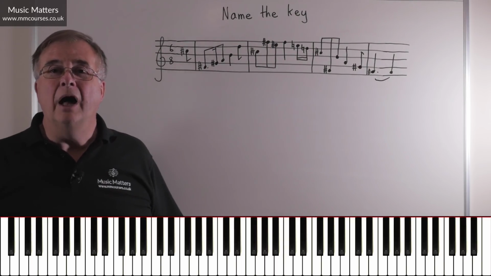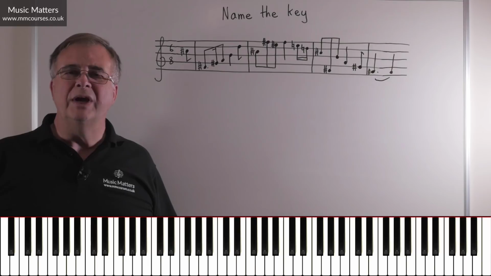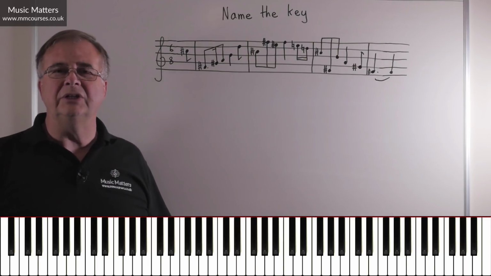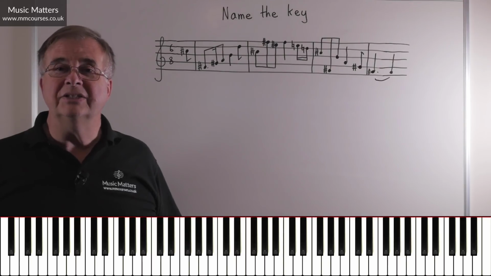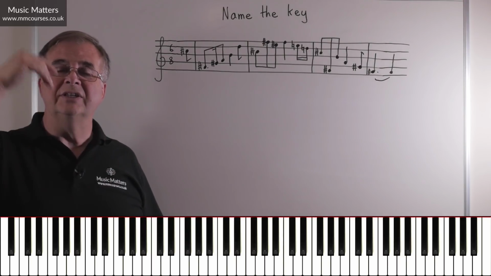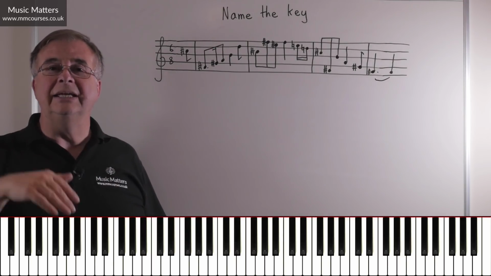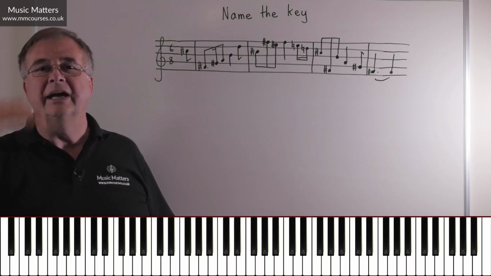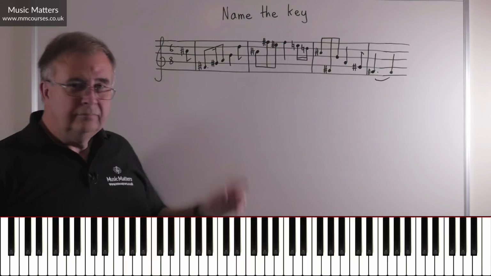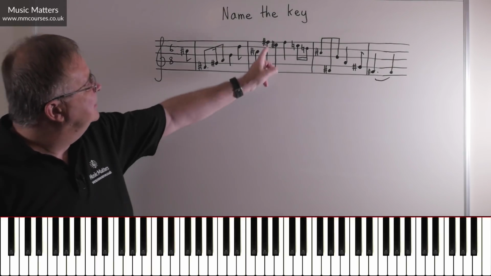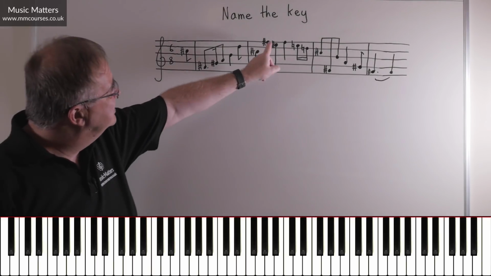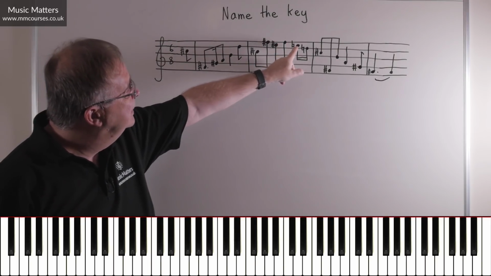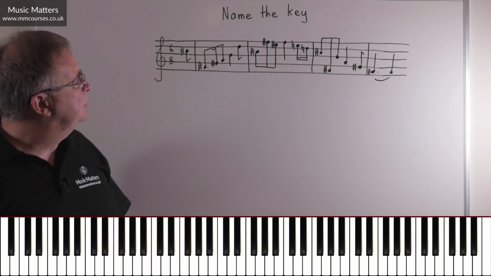Well, in the harmonic minor scale, we raise the 7th degree going up and coming down, so E natural becomes E sharp. In the melodic minor scale, we raise the 6th and the 7th going up, so D and E become D sharp and E sharp, and coming down, E natural, D natural. So that's the big thing that confirms the F sharp minor, because that is the 7th degree, both in its raised form and not in its raised form.